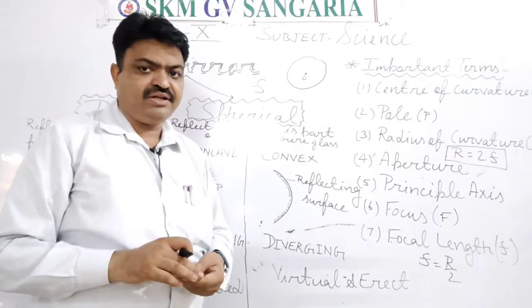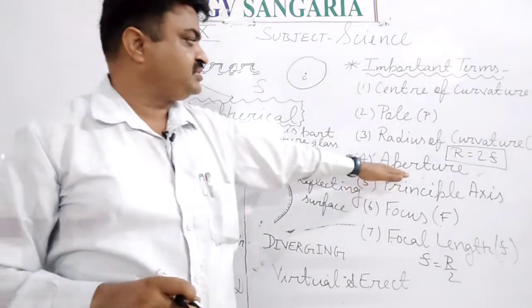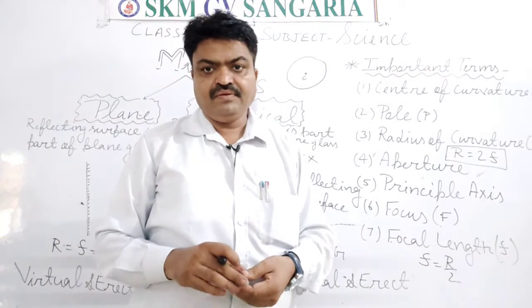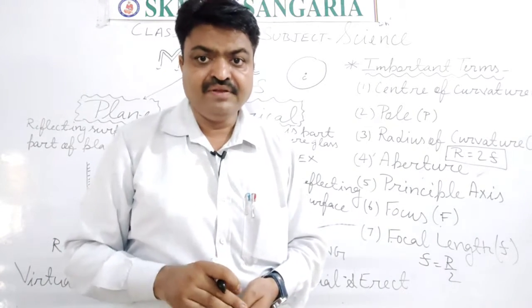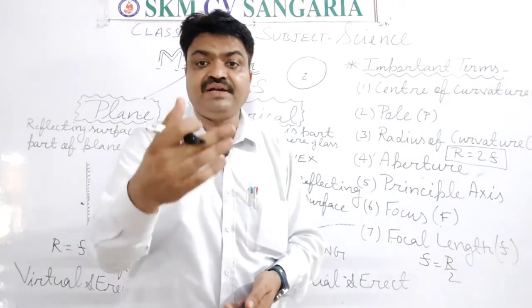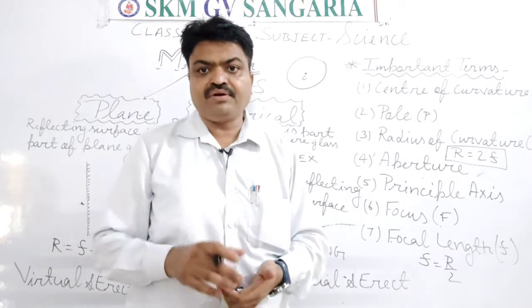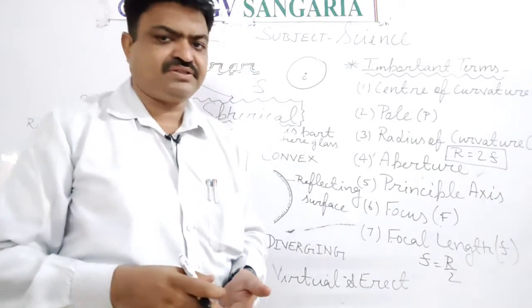Now we come to the aperture. It is the part of the spherical mirror from where the reflection takes place. That particular part is known as the aperture, student.